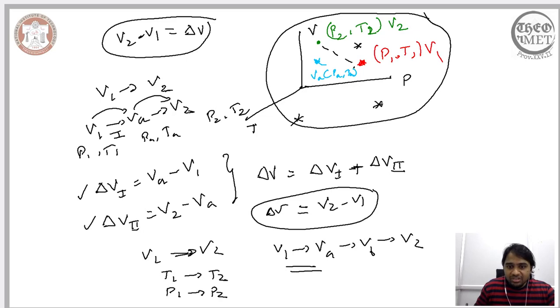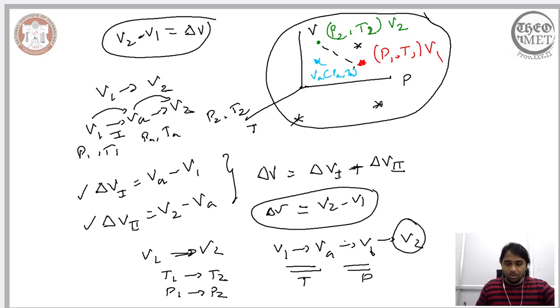During the initial change in the state, we can assume the temperature is constant, and during the change from VA to VB, the pressure is constant, and ultimately we combine these two steps to render V2.